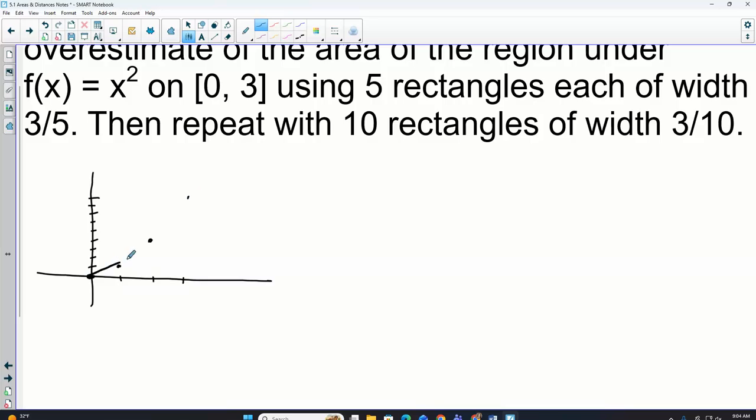That's just this parabola. And I'm trying to estimate the area between that and the x-axis. If I am breaking it into 5 rectangles, the length of this interval from 0 to 3 is 3, right? Dividing it into 5 rectangles, the width of each one would be 3/5, or 0.6.